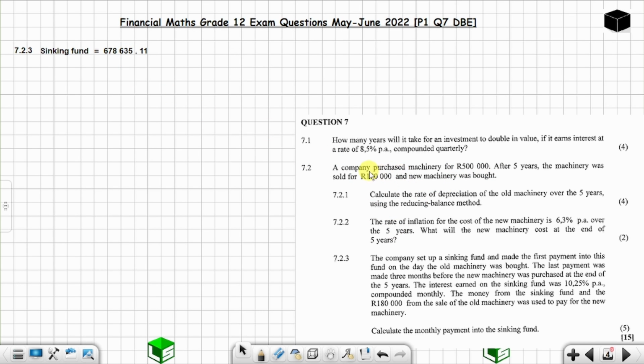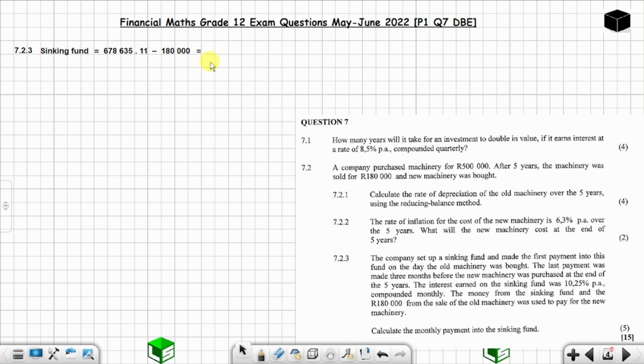They sold the old one and they got 180,000. So we need to find out the extra amount of money that is needed on top of this so that we can afford to buy the new machinery. So we are going to take this minus what they have.